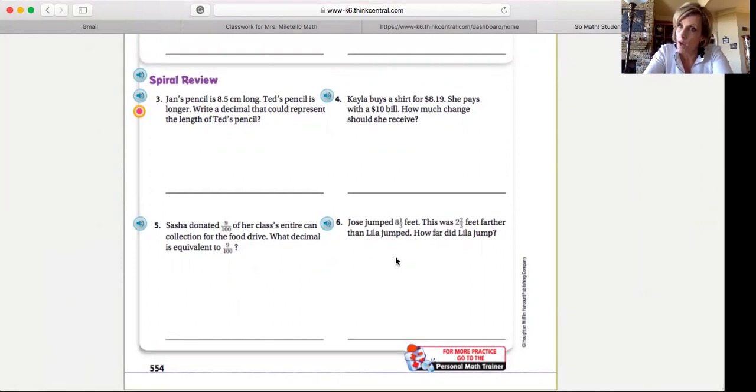But in order to subtract, there's 2 things you have to do. If it's a mixed number, you have to make it into an improper fraction, a fraction that's more than 1. Let me remind you how to do that if you've forgotten.